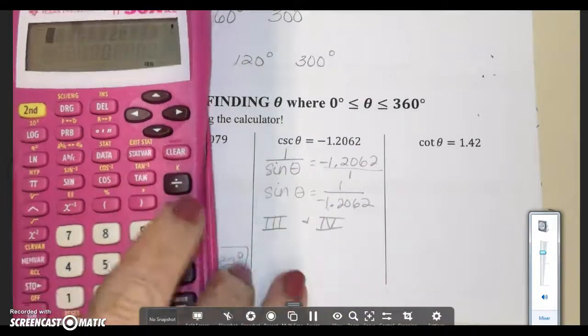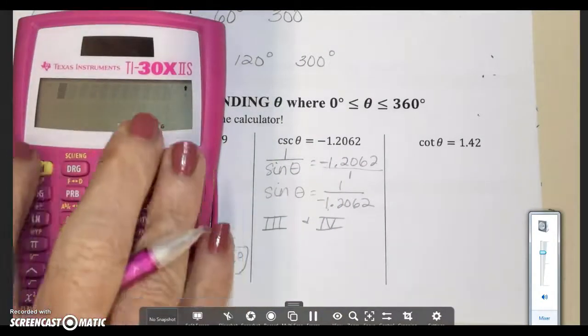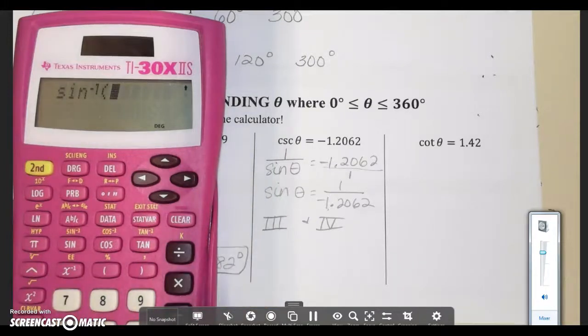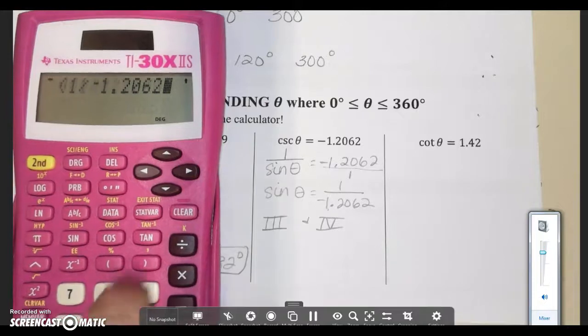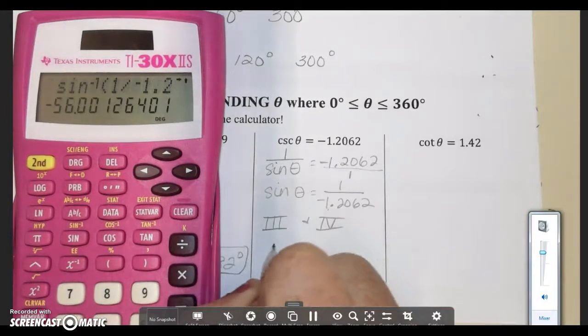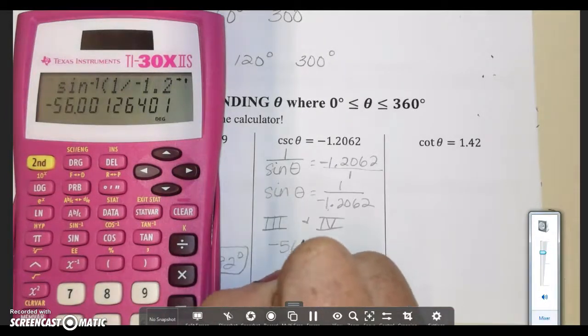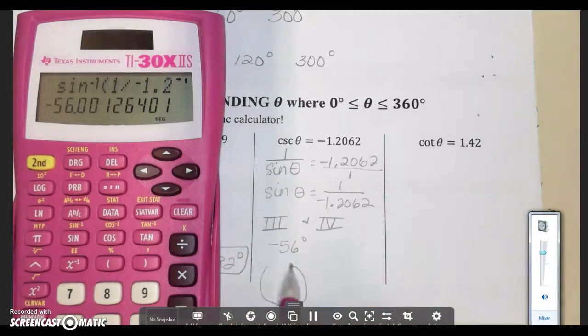So now we can do second sine of 1 divided by negative 1.2062, and I get a value of negative 56 degrees. So again, think about where that would be, right? Negative 56 is going to come back about here, roughly, and I should be in the third and fourth quadrant.